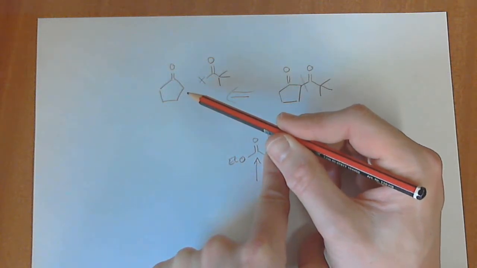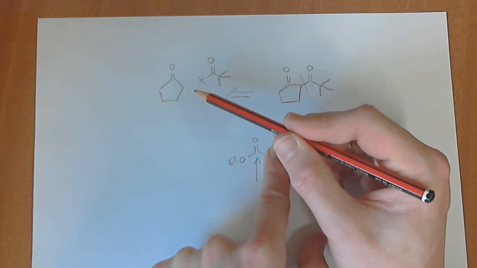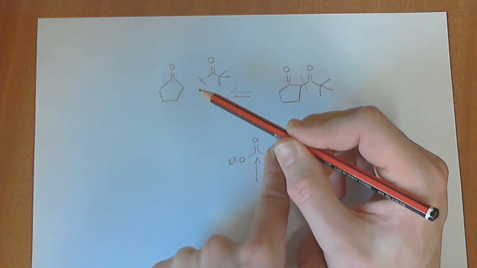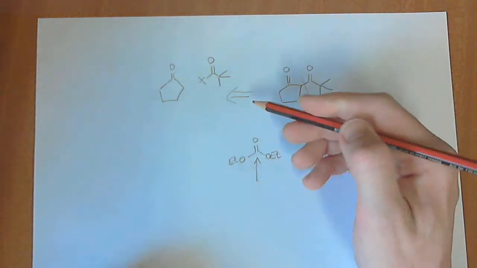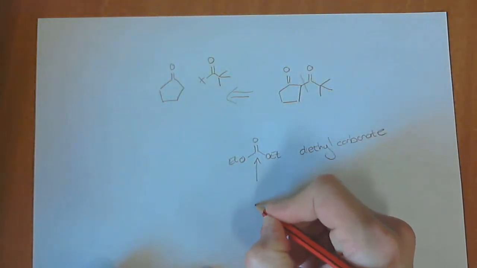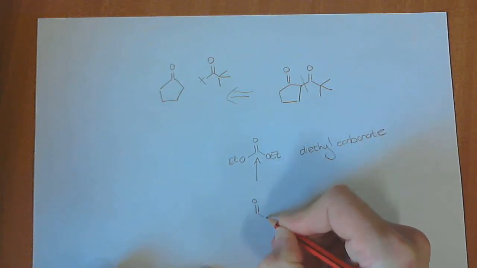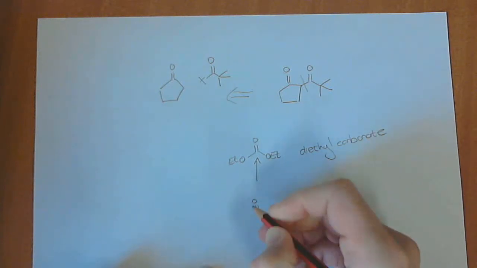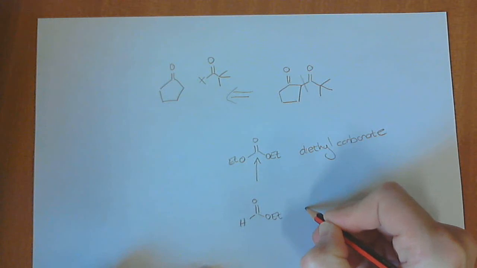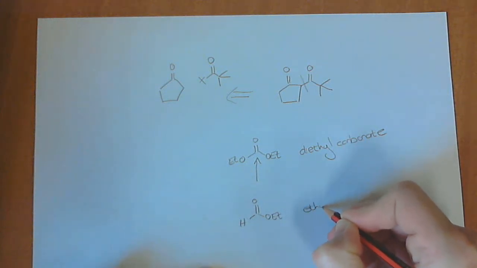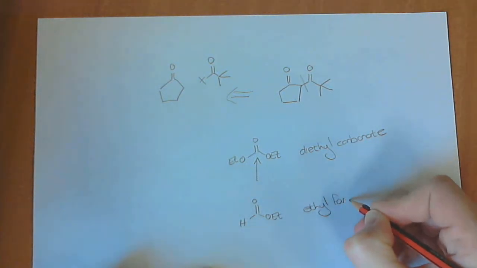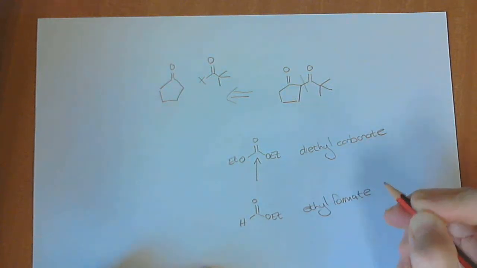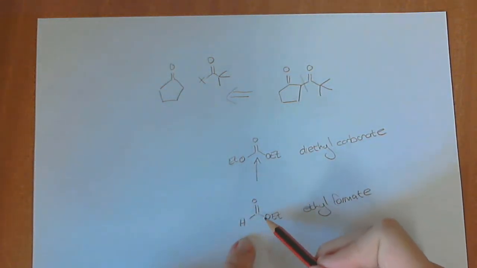If you're not sure what I've just said, go and do some arrow pushing and just see where you get to and what it looks like. And then the other one is this, which is ethyl formate. Once again, you can see this is a type of ester.